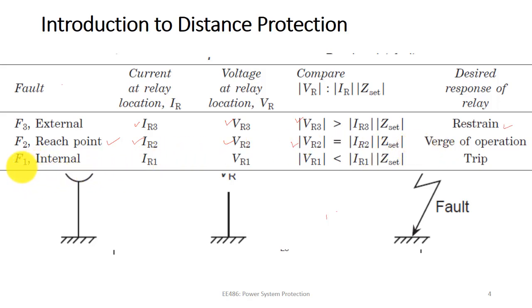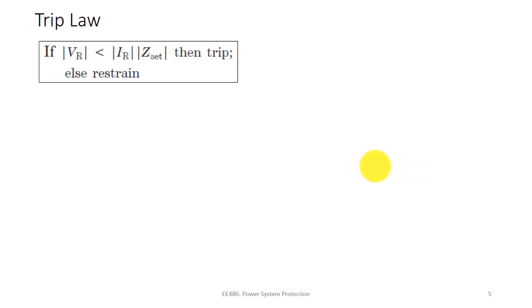Similarly, for a fault at F1, which is an internal fault within the reach point, if the current is IR1 and the voltage is VR1, then VR1 is less than IR1 Z set. Obviously, right? So therefore the relay will trip. Now from this table, what will be the trip law?